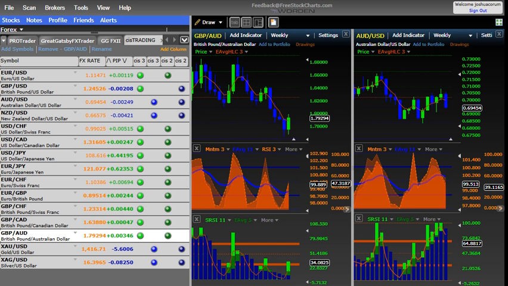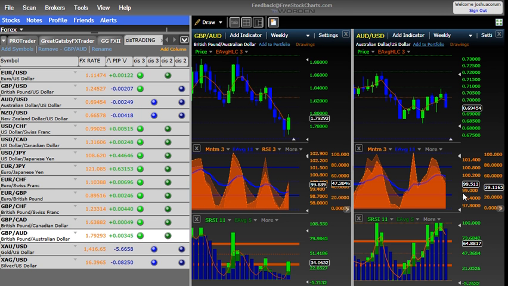It's a part of the GG series set of customized indicators that basically look at price performance and momentum as the two primary signal indicators. What we're looking at on these charts are weekly charts for the British pound Australian dollar and the Australian dollar US dollar, both of those exchanges.